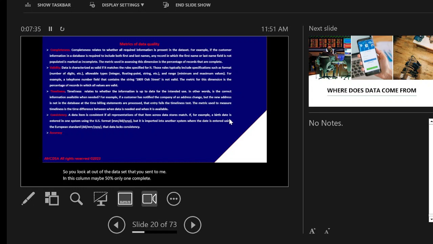The next one is validity. Is your data valid? When we are talking about validity, we are talking about whether the data matches the rules specified for it. You have some rules that you need to put with regards to the data, and the question is whether the data is in line with the rules that have been set.